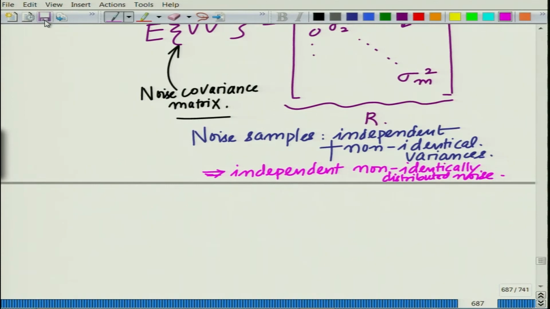What it means is the noise samples are independent, but they are non identically distributed. The covariance matrix is diagonal, with the entries sigma 1 square, sigma 2 square, sigma m square.